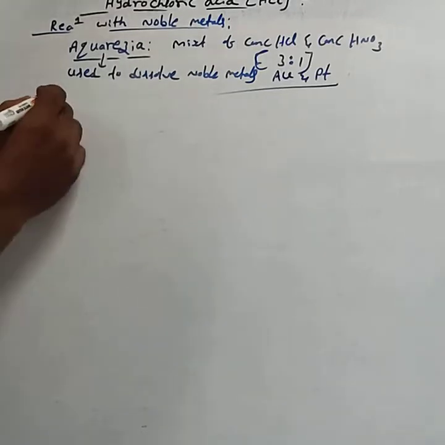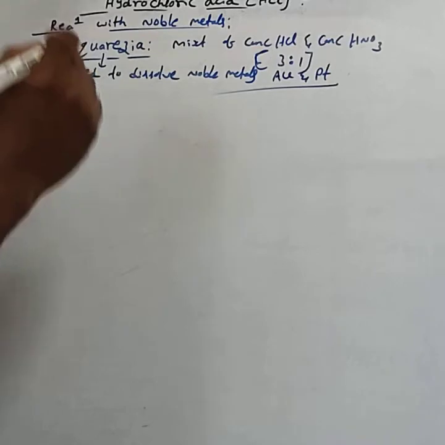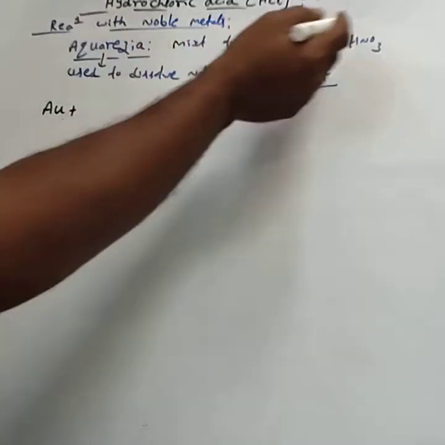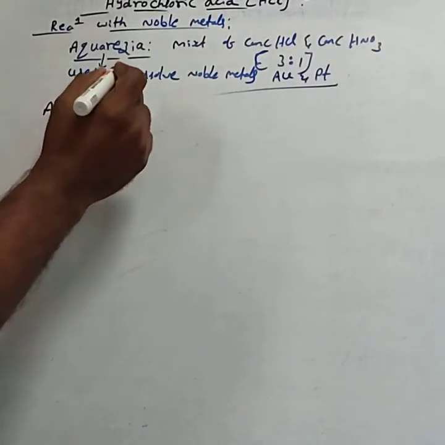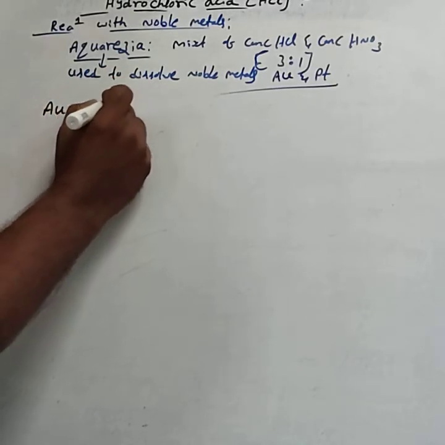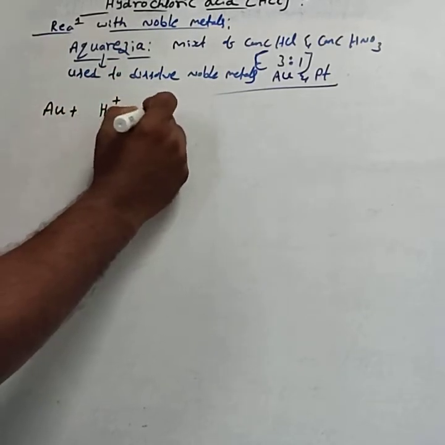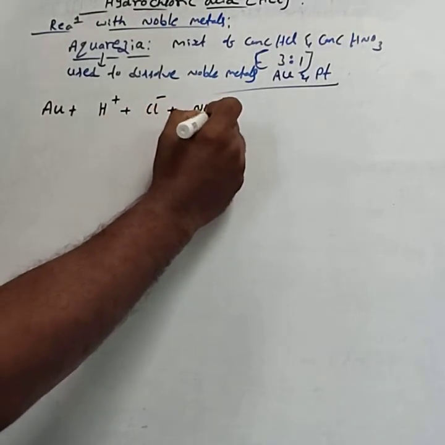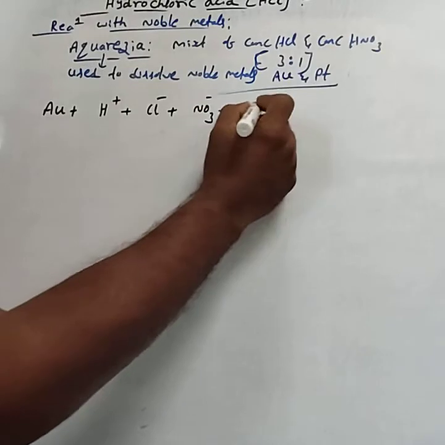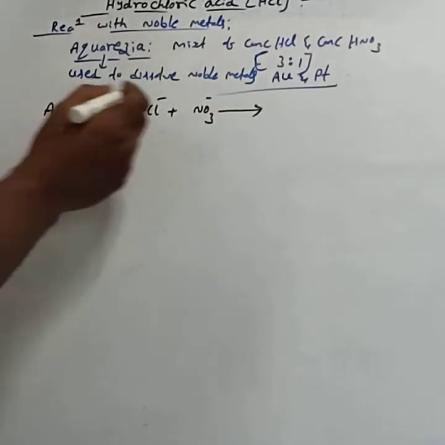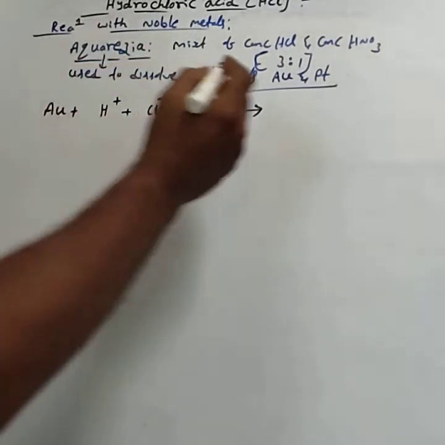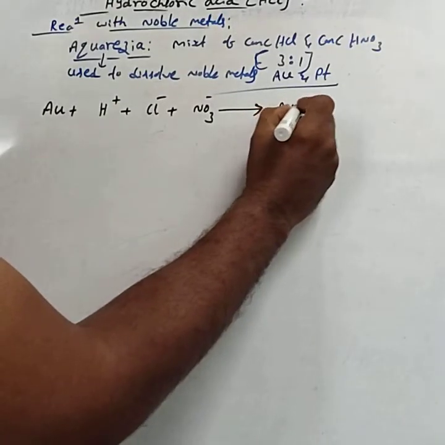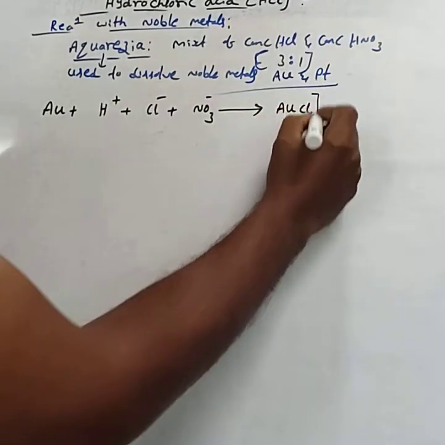In our syllabus, the ionic reaction is given for gold, Au. HCl and HNO3 are acids, hence you consider H plus, from HCl Cl minus, and from HNO3 the nitrate ion. Gold dissolves in aqua regia to form a complex compound, AuCl4 minus.